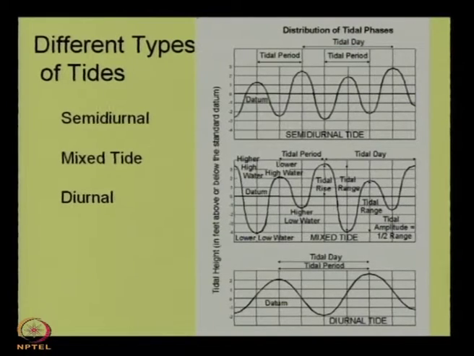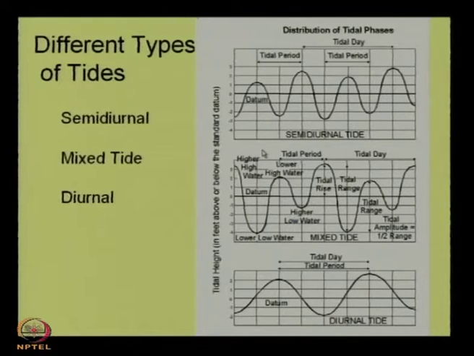Now, there are different types of tides. Let me just spend a little time discussing this. At most places on the coast, you have what are called semi-diurnal tides. In this graph, the y axis shows you the water level at some point along the coast.